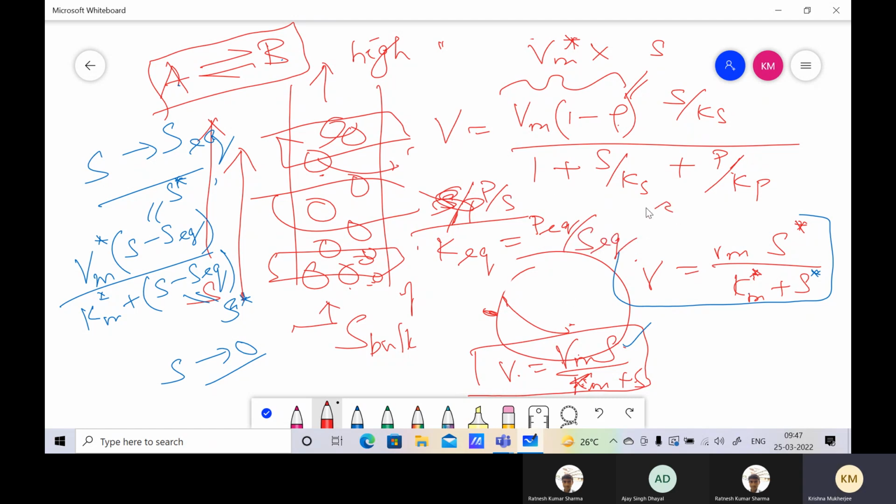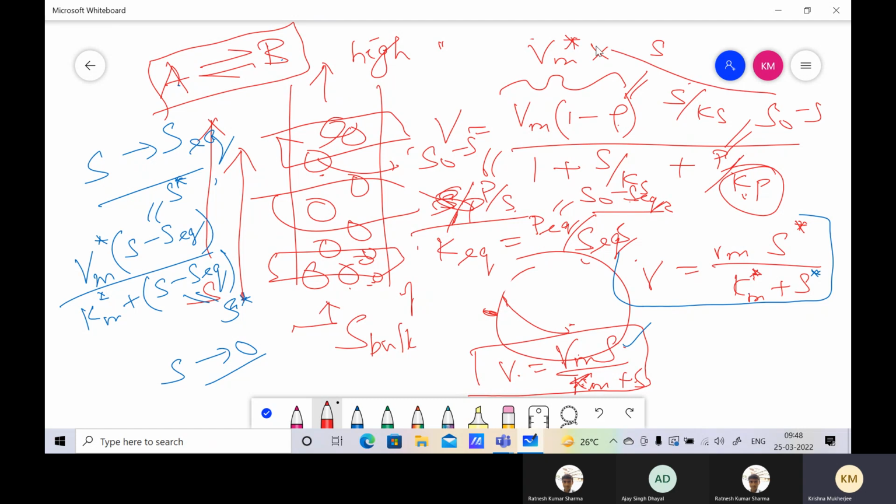And P is nothing but S naught minus S. And S is whatever it is. And P equilibrium is nothing but S naught minus S equilibrium upon S equilibrium. And therefore this is S. And this P is nothing but S naught minus S. And this is of course S. And Kp is again in terms of equilibrium held in relationship.